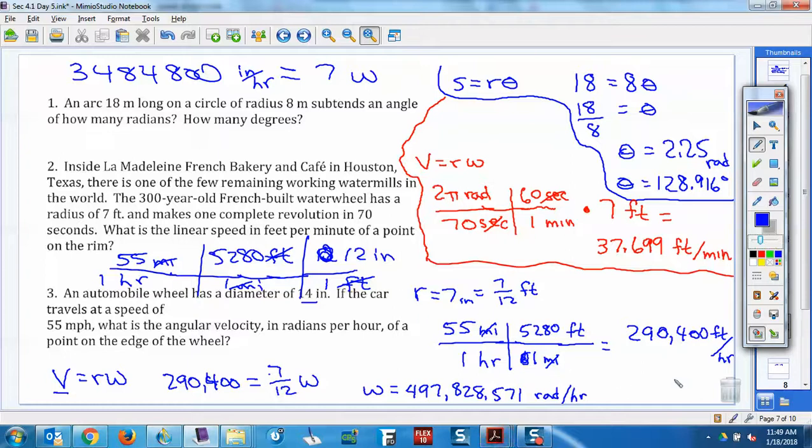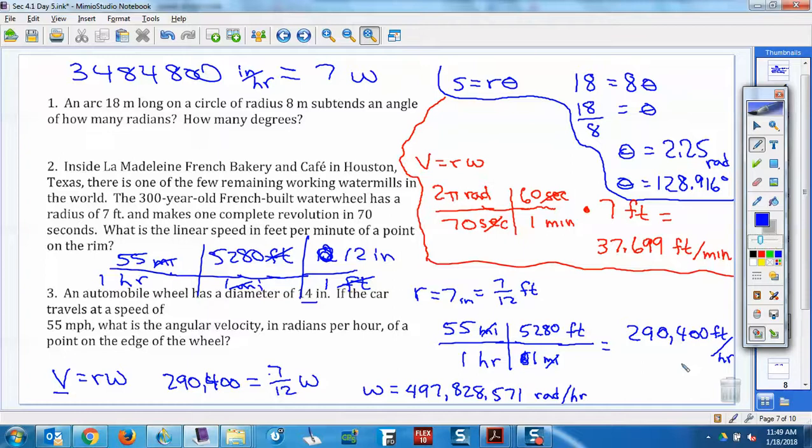Would it be fair to say that the formula that we probably need to know the most is V equals RW? Yeah, I think so, because that's really the only thing that connects linear and angular velocity together. The rest of it is about getting units to match, and to get angular velocity to start with, so you have something to multiply by the R. You just got to understand it's radians over time.